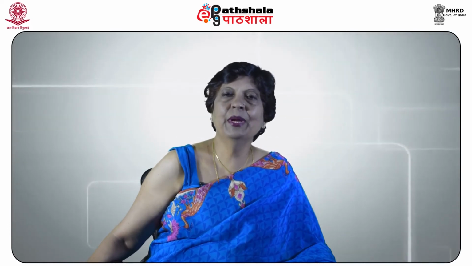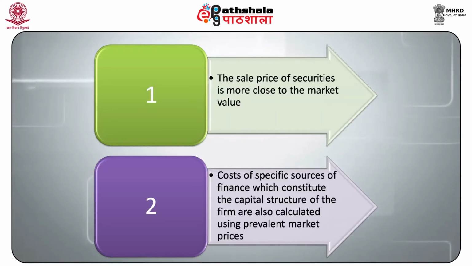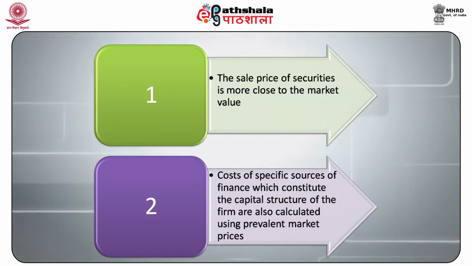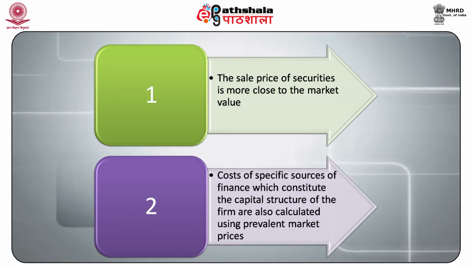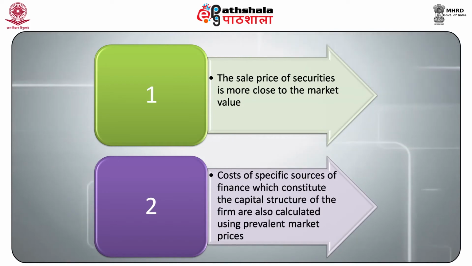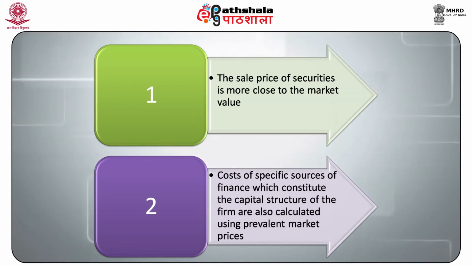The other points favoring market value weights are: number 1, the sale price of securities is more close to the market value, and costs of specific sources of finance which constitute the capital structure of the firm are also calculated using prevalent market prices.